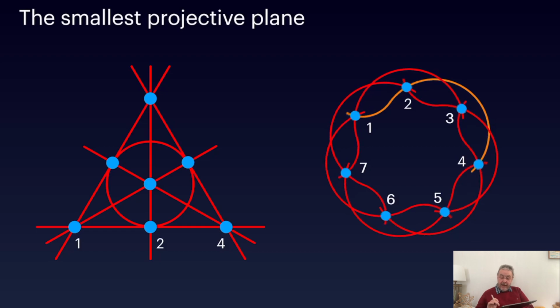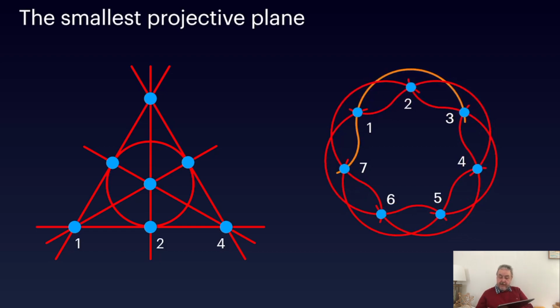Then we have a next line. I rotate this to indicate a next line: 1, 7, and 3. Let's again be greedy and put the 3 here and the 7 here, and say that this line here is exactly this line here.